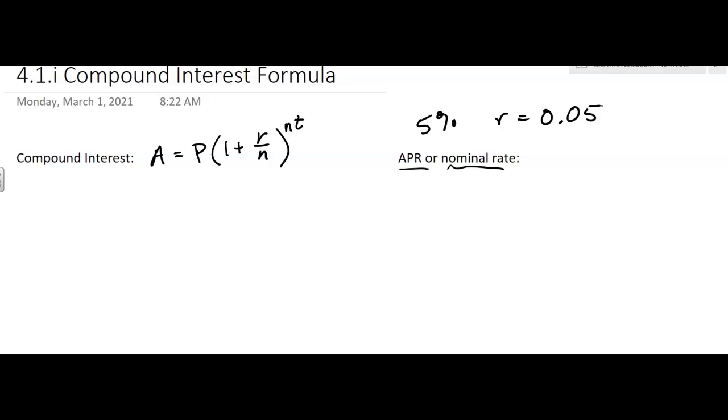Now, the formula is great, and this is for when we're compounding interest on a regular basis, like quarterly or semi-annually or daily or monthly, something like that, okay? A represents the amount in the account.